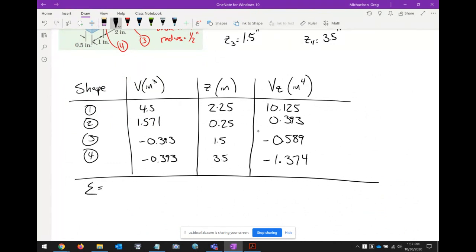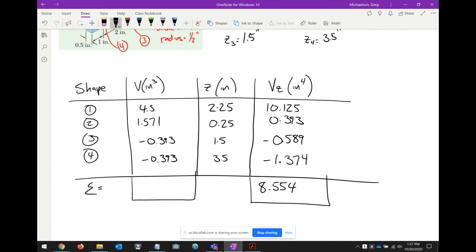And so then we start summing these up. And so I'm going to sum up the volumes and then the volumes times the Z's. So let's do the volumes times the Z's first because I got that in my calculator history right here. Okay, I'm getting 8.554.